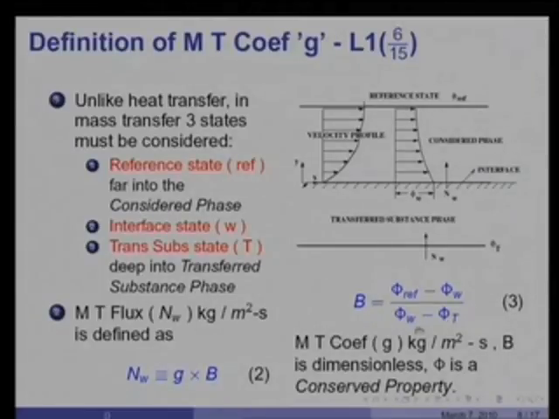Since B is dimensionless, notice that the G and NW have the same units, kilograms per meter square second. Whereas in heat transfer, the heat flux and heat transfer coefficients have different units. Phi, for the time being, note that it is a conserved property. What it is, we will see as we go along.